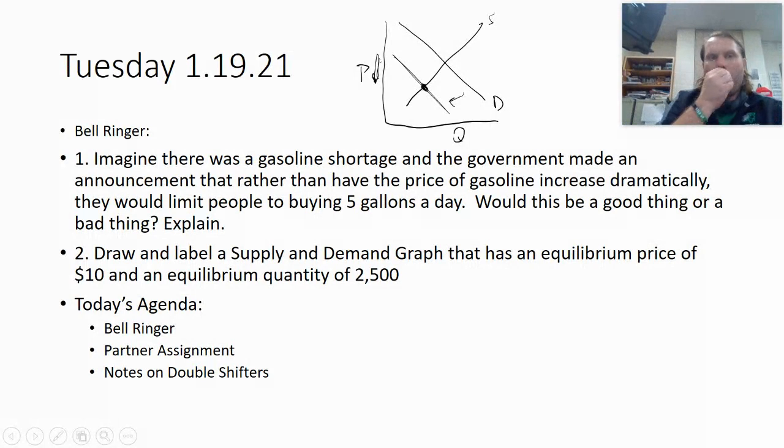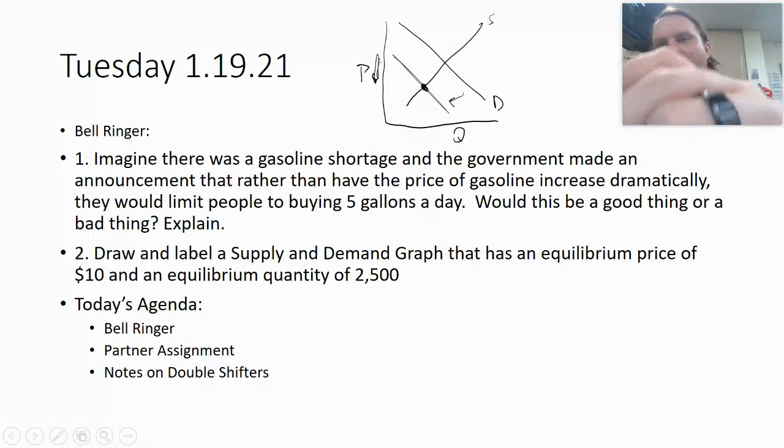The problem with doing that with something like gasoline, and probably really any product, is that they try to keep the demand and the supply down on illegal drugs, but people still figure out how to supply and consume them. The challenge with trying to decrease demand that way, especially with gasoline, is that our demand isn't necessarily set by how much we want.